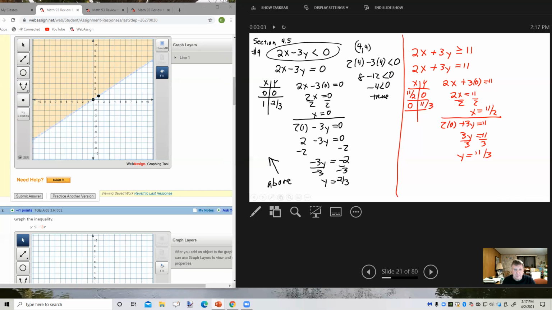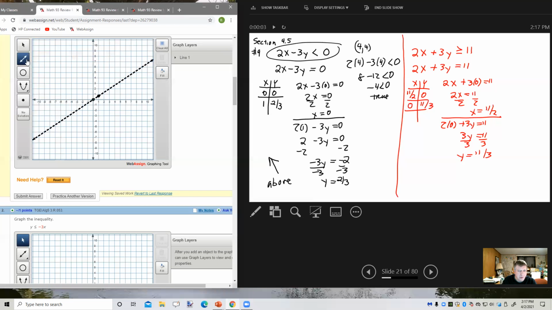Okay. So we've got our 2 points there. We've got 11 halves, 0. 11 halves would be 5.5. It keeps going to the nearest integer, but I'll fix it here in a minute. And then 0, 11 thirds. 11 thirds is like 3 2/3.